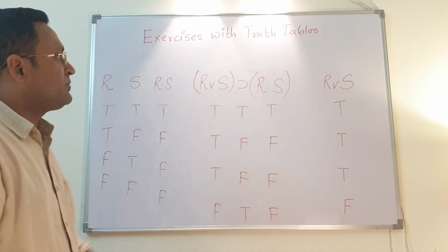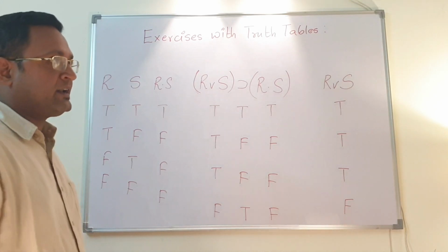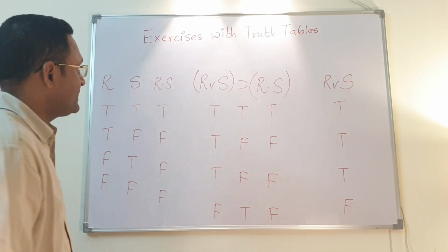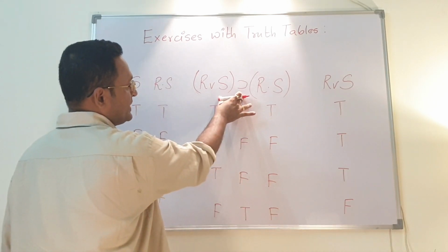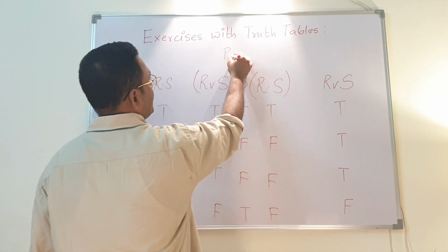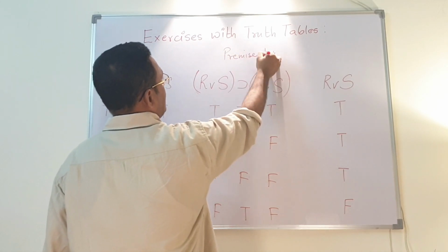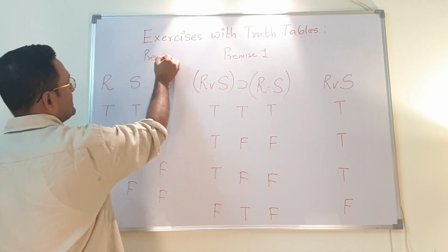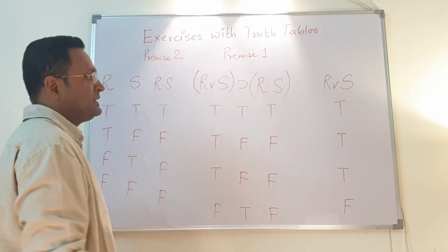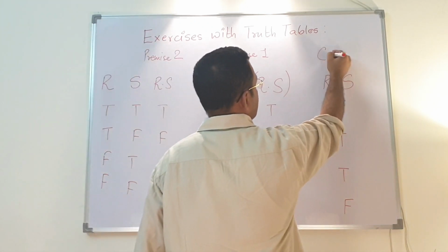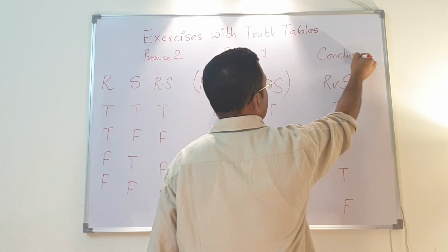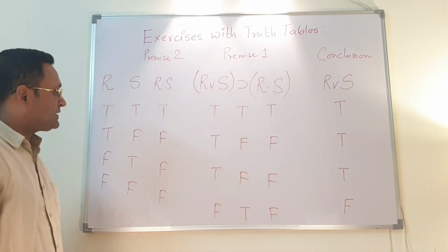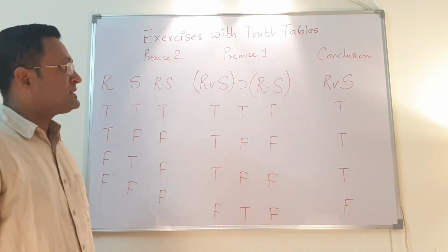Now once the truth table looks like this, how do we check whether this argument is valid or invalid? We know that one of the premises is this one, so this is premise 1, and this is the second premise, premise 2, and this is the conclusion, so I write it over here. Now we have to find whether this argument is valid or invalid.